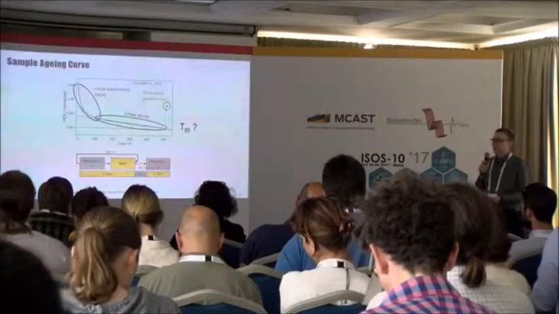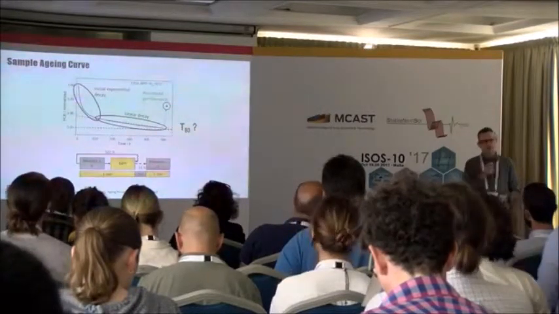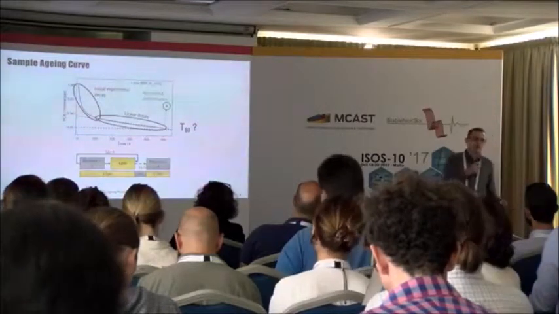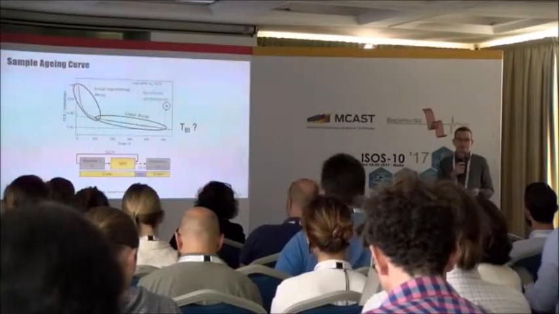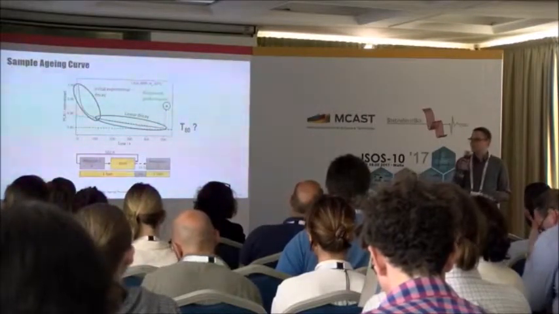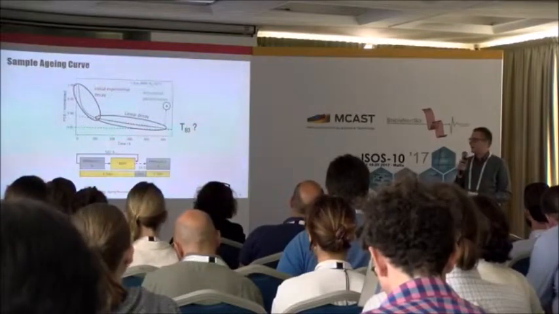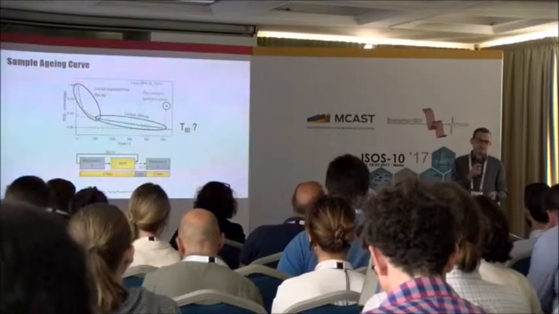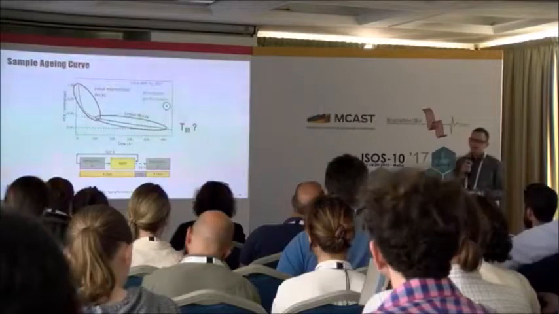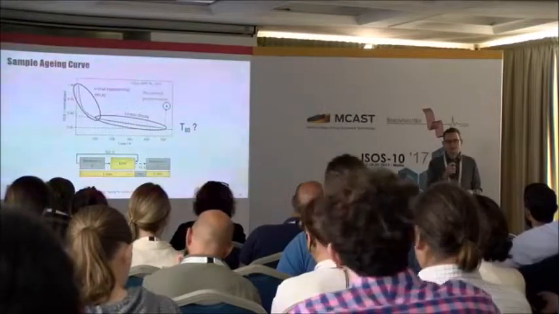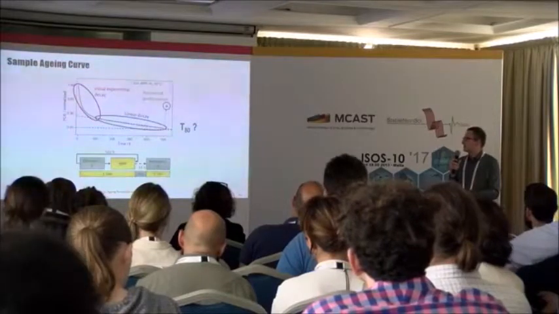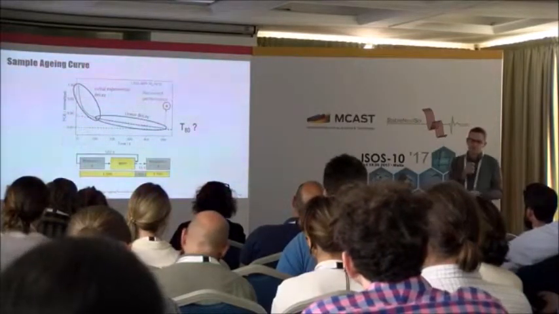And the question is, of course, going back to what Eugene was telling us, whether the T80 parameter, as we are used to defining it, is relevant in this case. I'm not going to try to answer that question, but if we measure stability under continuous illumination, I think it's important that we try to reach this linear regime, if possible, so continue the experiment beyond this initial exponential decay.